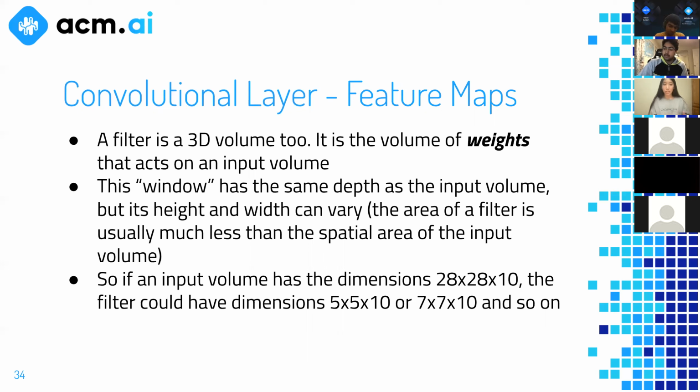And so that's essentially what it means when it says that a filter is also a 3D volume. So just remember that the filter's depth has to match the depth of the input volume. But the final feature map is going to be a 2D volume just by itself. And that's what the third bullet point is saying: the depth of the filter has to match the depth of the input layer.